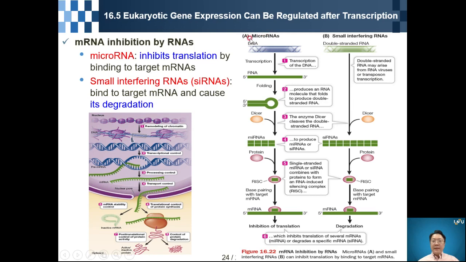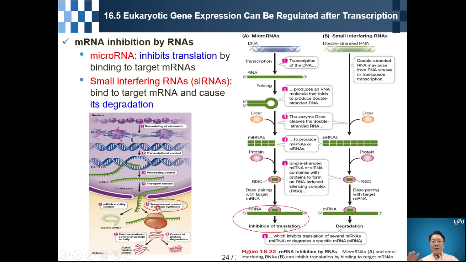There are several steps, but today I will not explain it in detail. The important thing is that microRNA binds with the RISC complex, and it binds to the target mRNA. This binding inhibits translation, so this belongs to translational control.